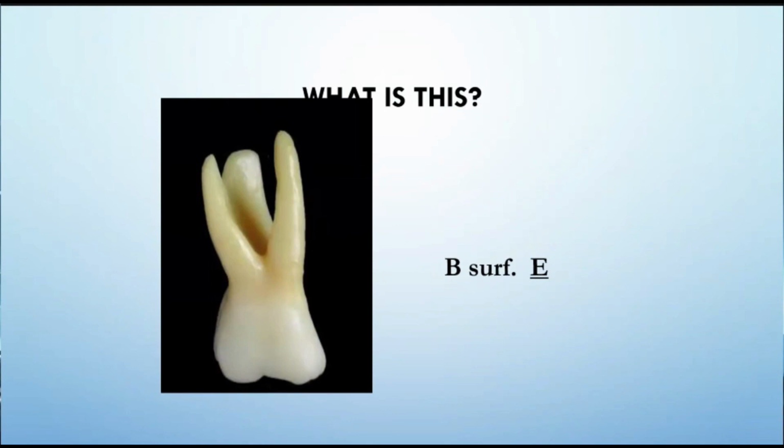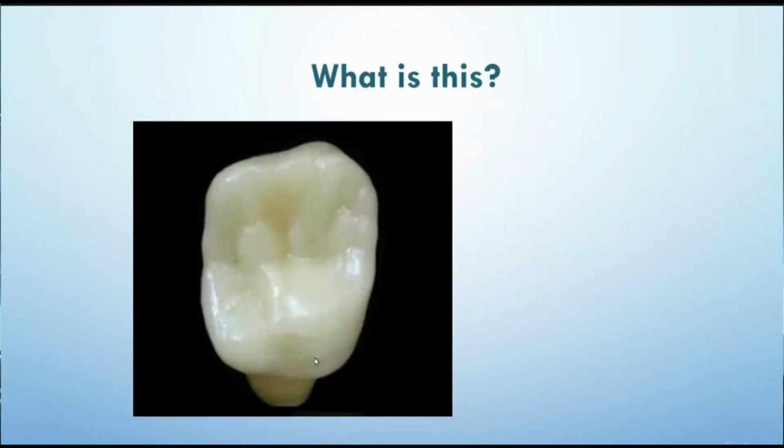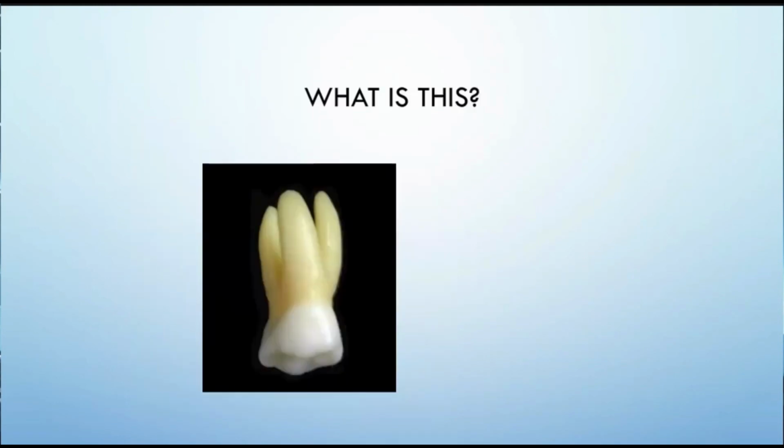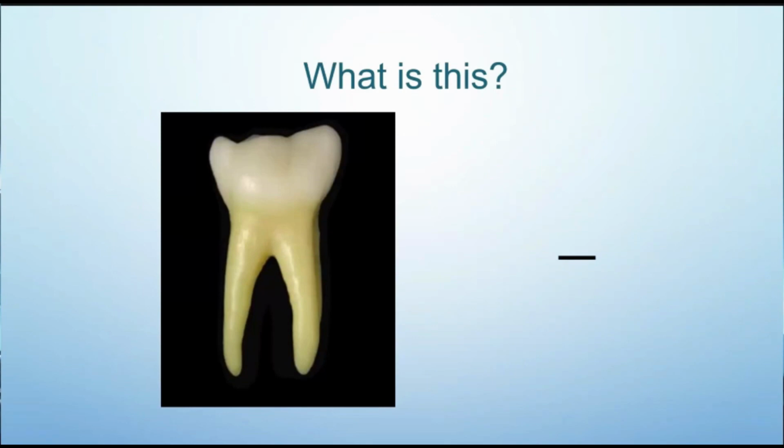Buccal surface of the E, because in the E you will find a groove. Four cusps: the mesiolingual cusp is the biggest, then mesiobuccal cusp, distobuccal cusp, and the distolingual cusp is the smallest one. So this is the lingual side of the D. This is a lower molar.